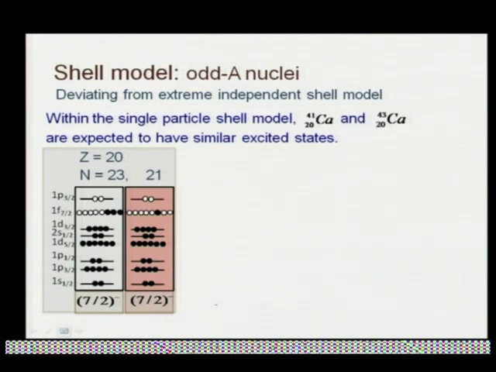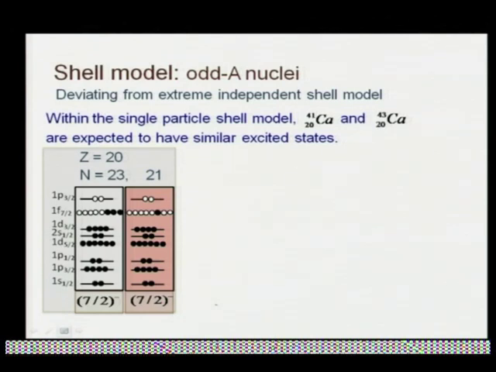For example, take calcium. Calcium has 20 protons in the nucleus, and depending on its isotope, it will have 40, 41, 43 or some other number of nucleons in total. Calcium 41 has 21 neutrons apart from 20 protons, and calcium 43 has 23 neutrons in it.